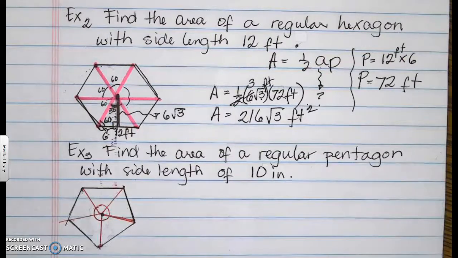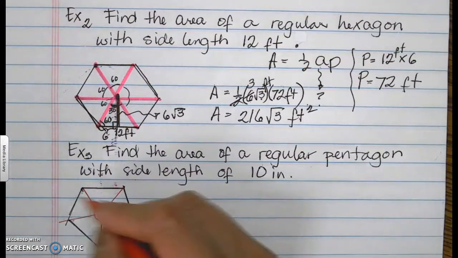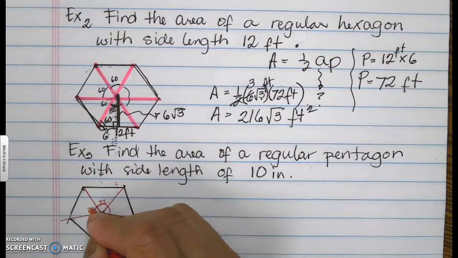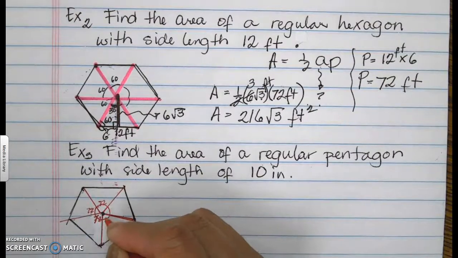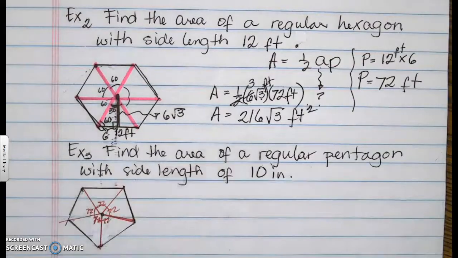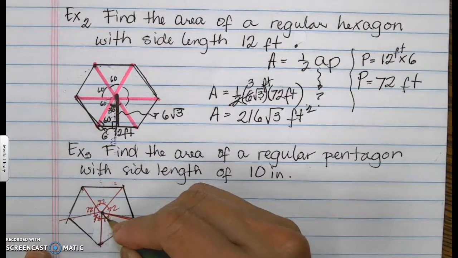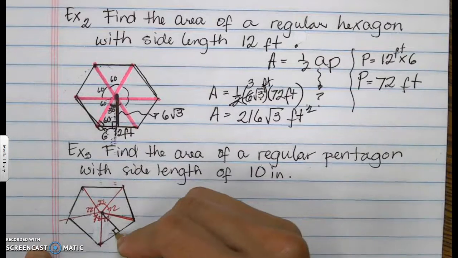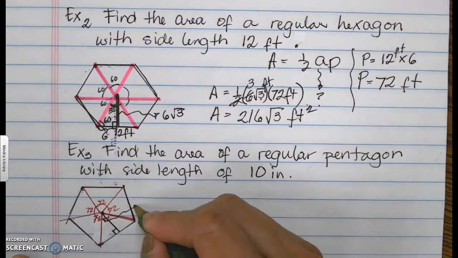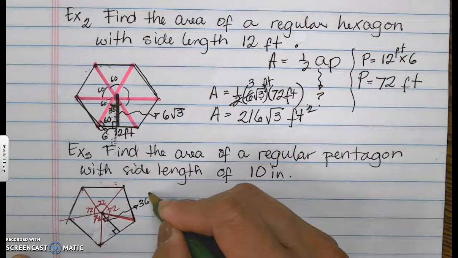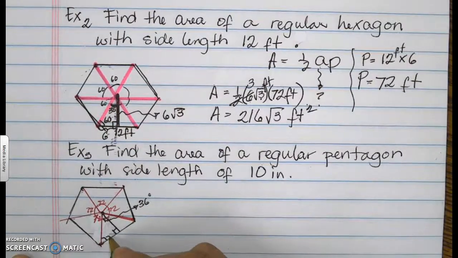Divided by 5 is going to give you 72 in all of them. But I need my apothem. So I'm going to draw it here. That is my approximated apothem. Therefore, this angle right here is going to be 36 degrees, and this is going to be 54 degrees.